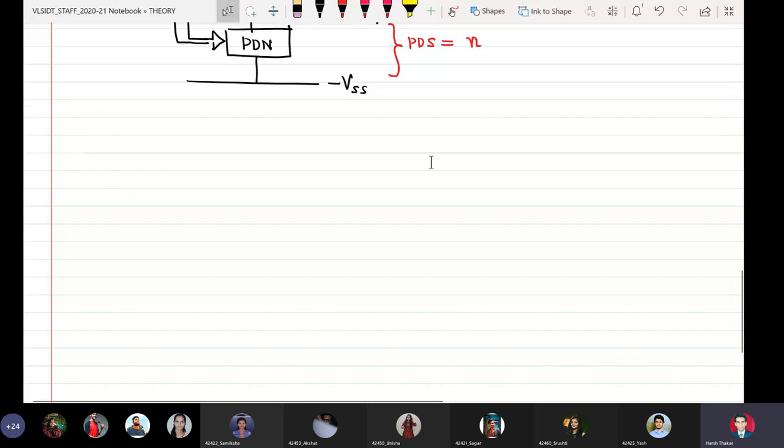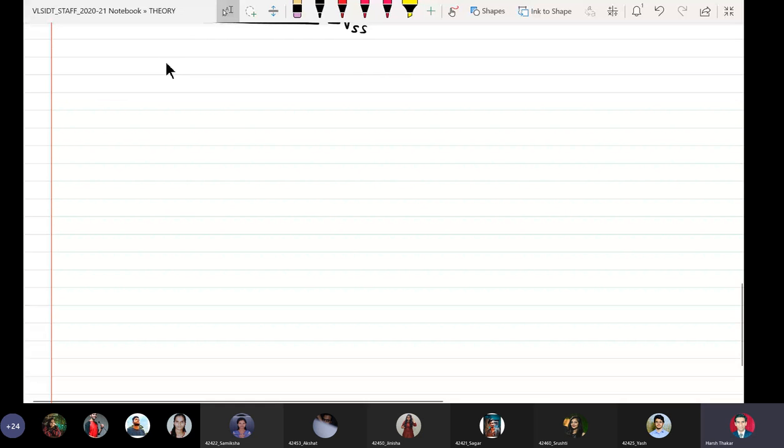So the last and most refined definition of pull-up strength and pull-down strength can be put like this.